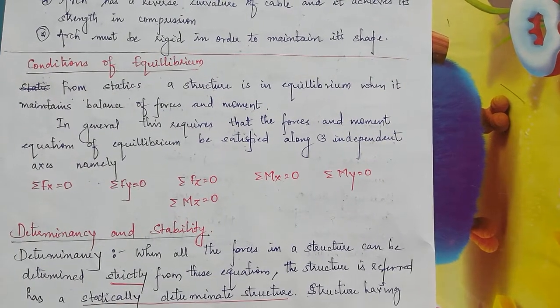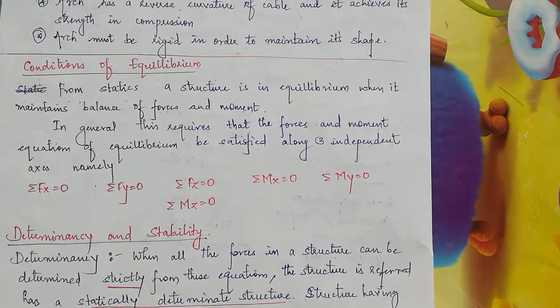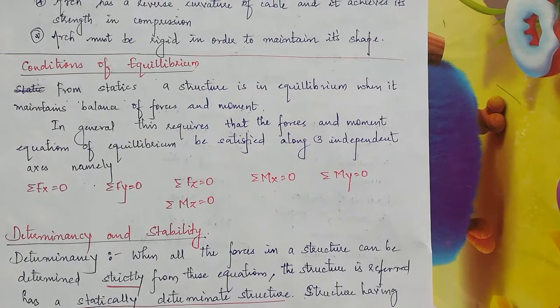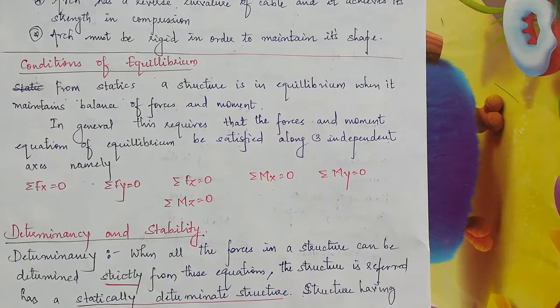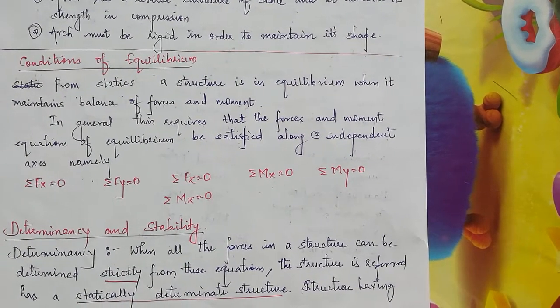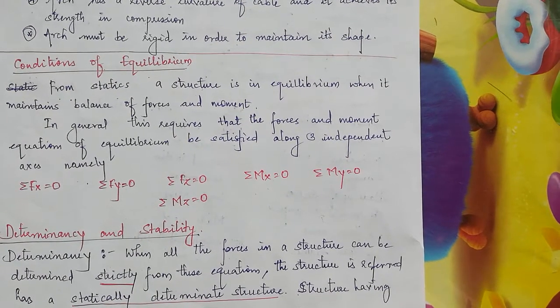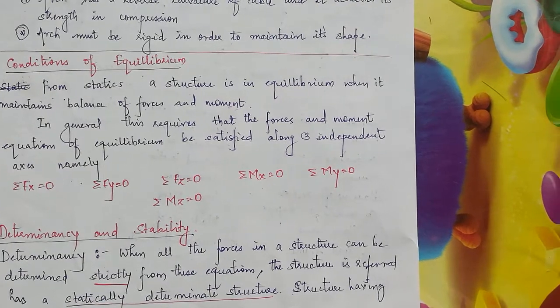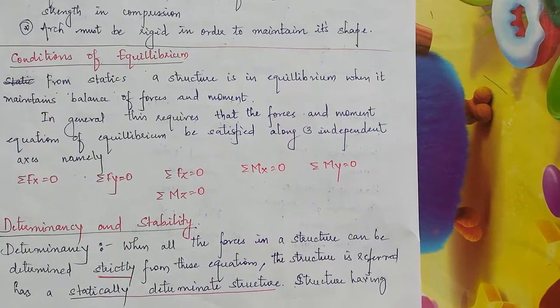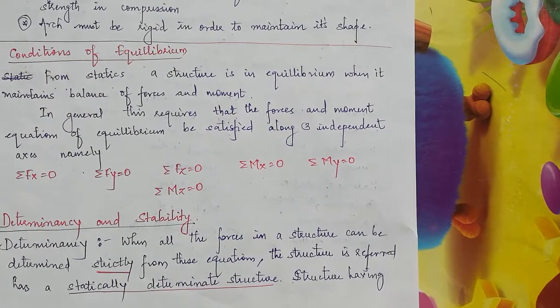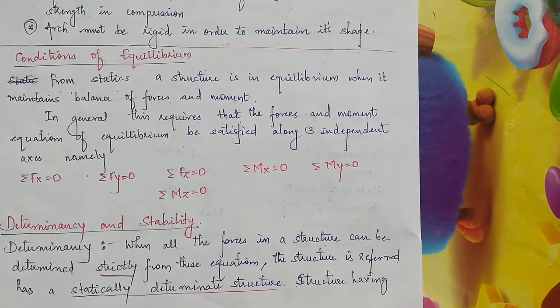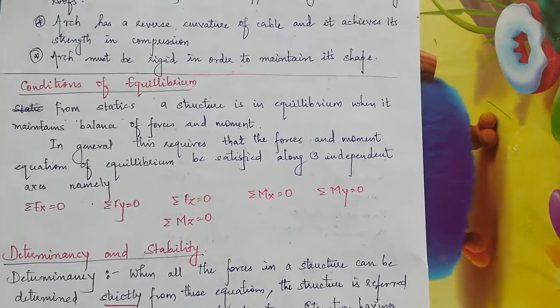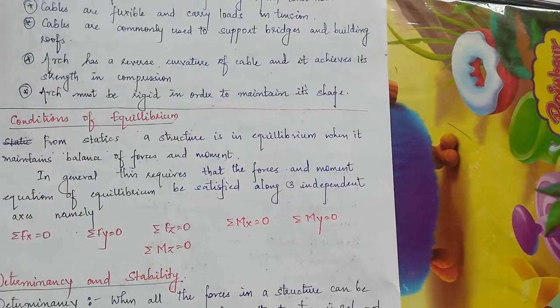And summation is nothing but the sum of all the forces in that direction. So summation Fx should be equal to 0, Fy, Fz. Similarly, summation of all the moments in x direction should be equal to 0. Similarly, summation of all the forces in y direction and summation of forces in z direction should also be equal to 0. This you have learned in your elements of civil engineering.